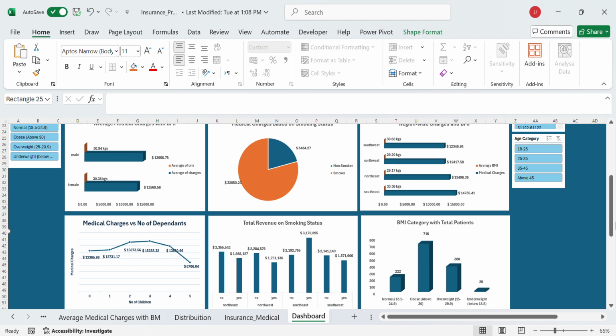societal needs. Medical charges versus number of dependents. I have used a line chart here which tells us about the number of dependents, or the number of children, versus medical charges. As we see, medical charges are higher as the number of dependents increases up to 2.